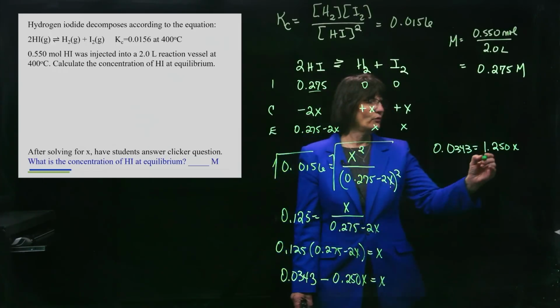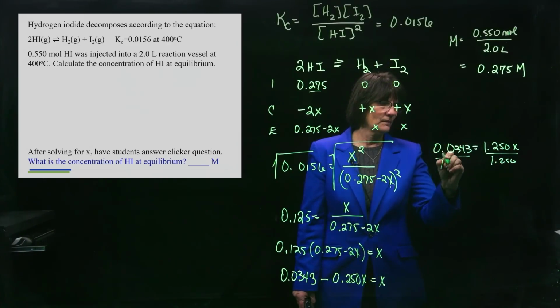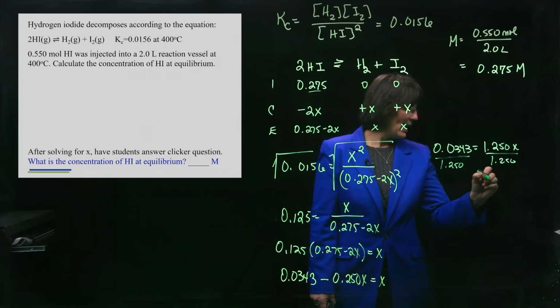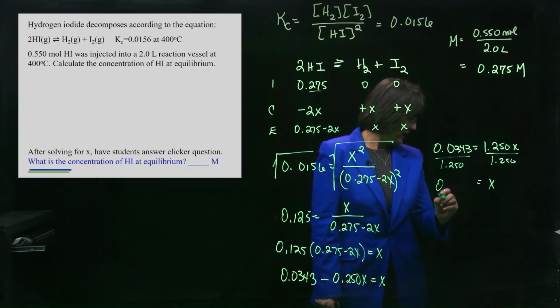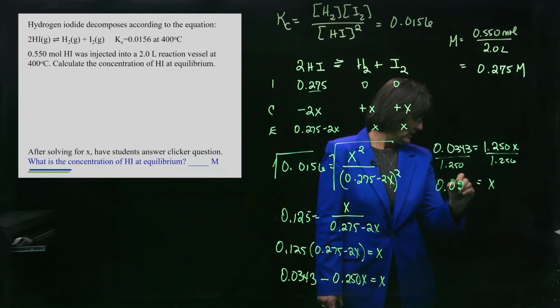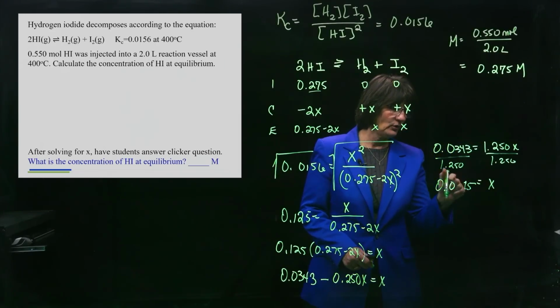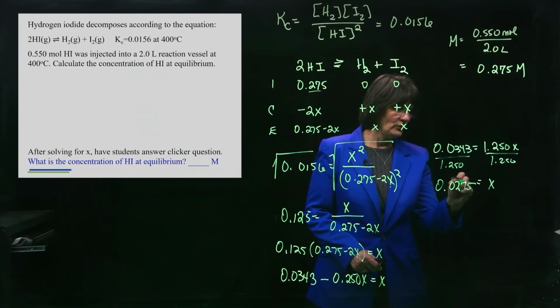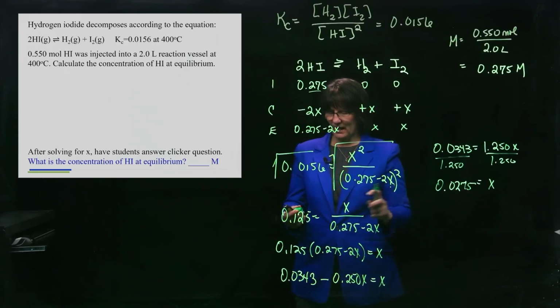And then dividing both sides by 1.250, I will get an x value equal to 0.0275. Okay, that doesn't look very legible, so I'll try again. 0.0275. So that's my value of x.